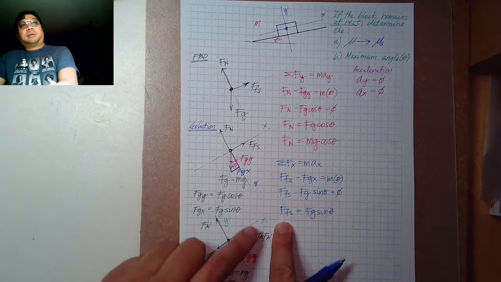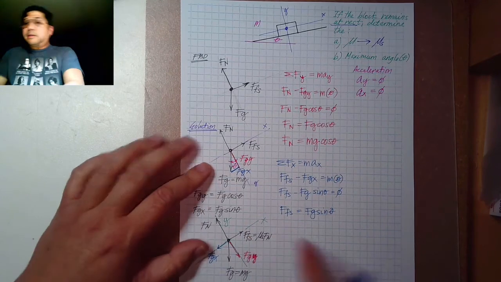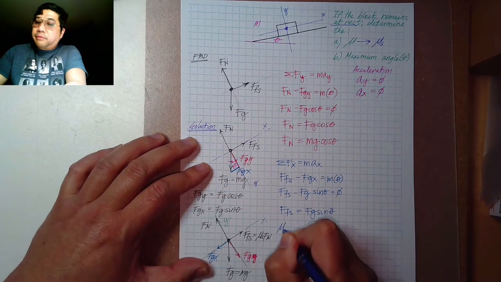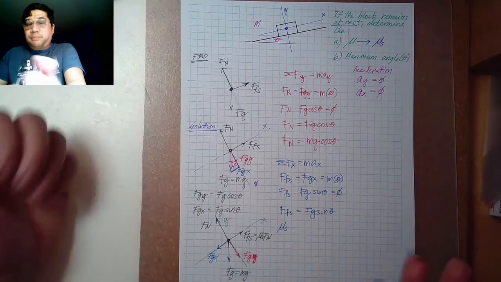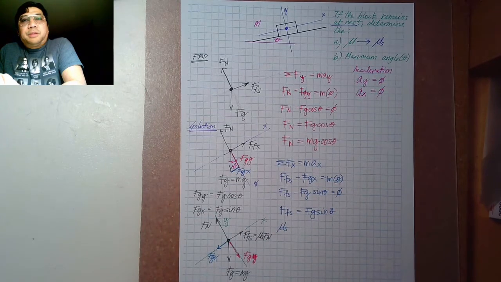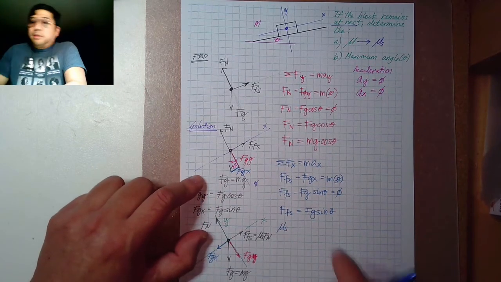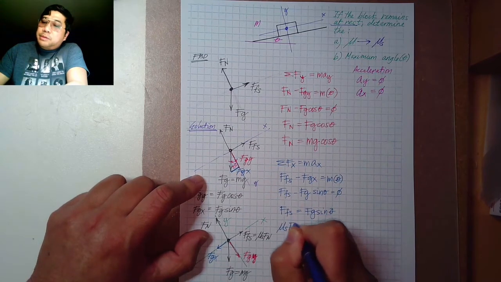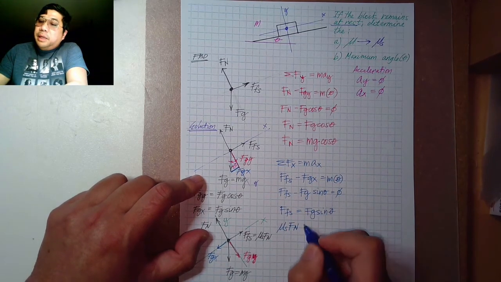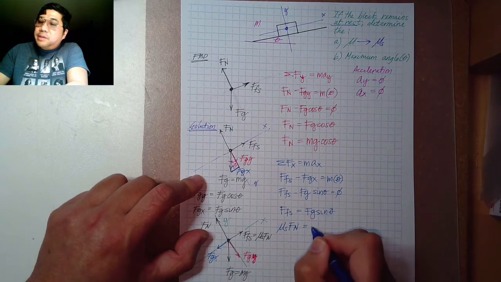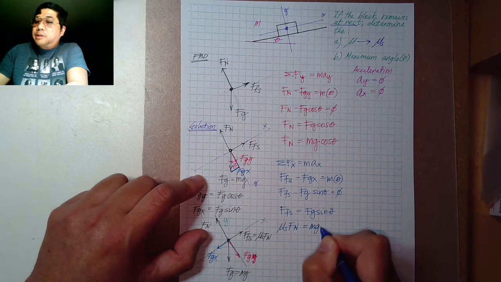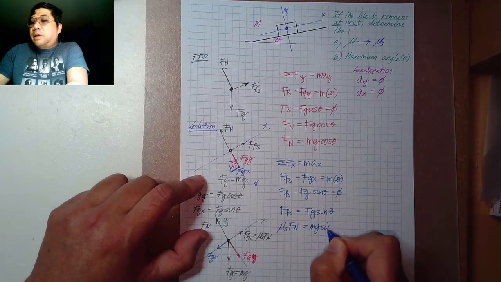However, we know that the static friction force is equivalent to the coefficient of static friction multiplied by the normal force. And our force of gravity along the incline is simply equivalent to the mass multiplied by g times sine theta.